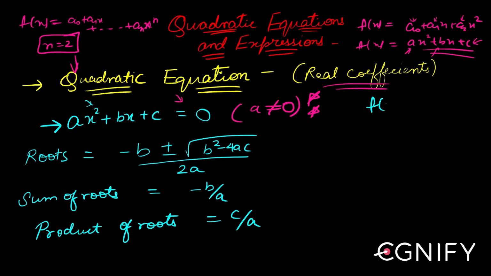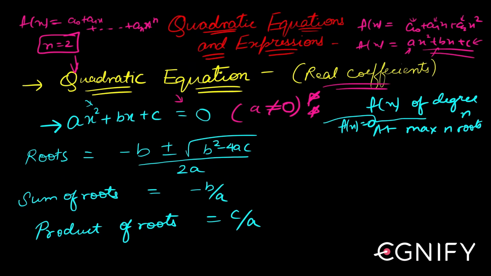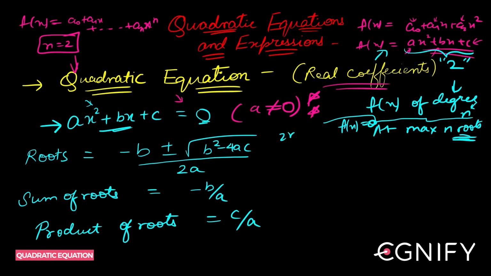Remember, if f of x is a polynomial of degree n, then f of x equal to 0 can have at max n roots. So here this f of x, ax square plus bx plus c, is of degree 2. So f of x equal to 0 at max can have 2 roots. So this is at max, right? It can have 0, 1 or 2.